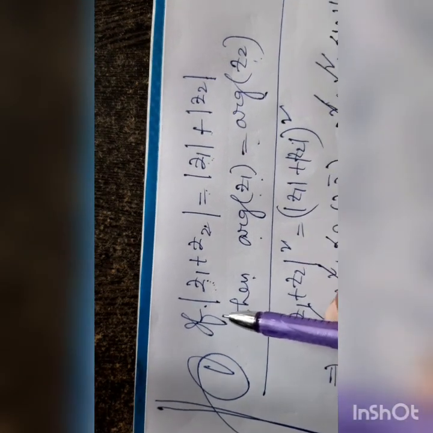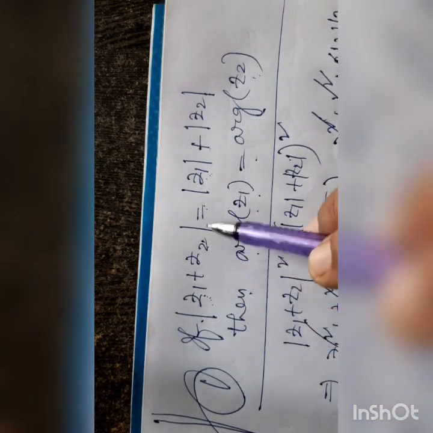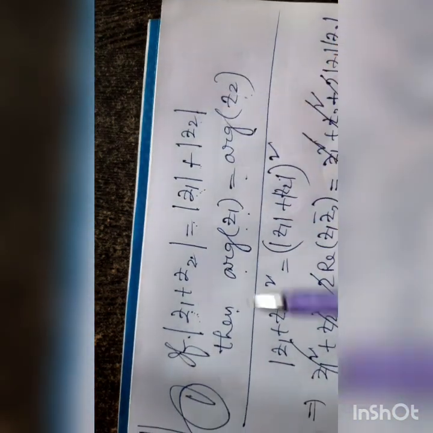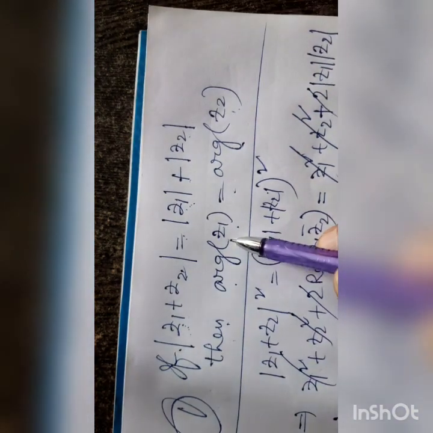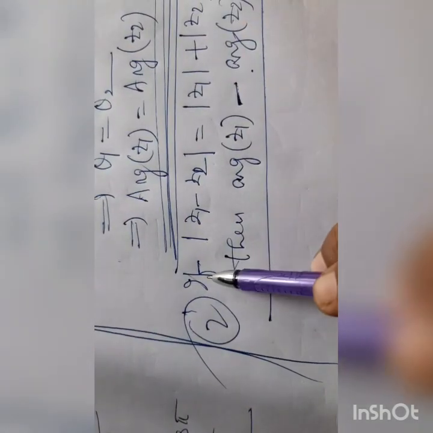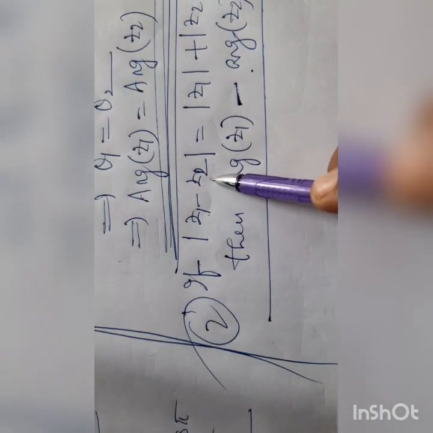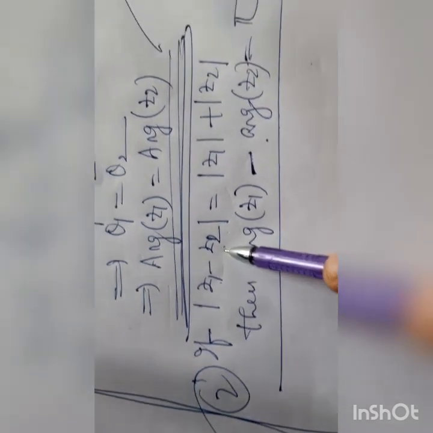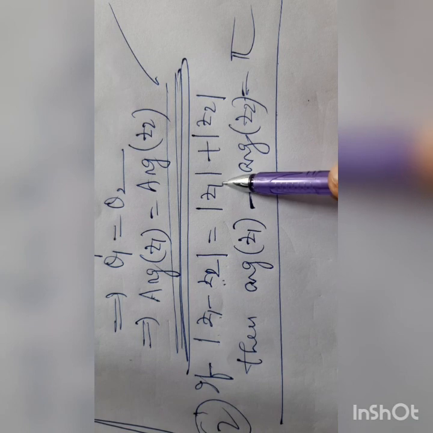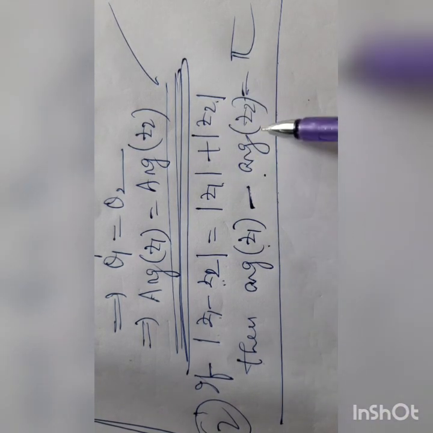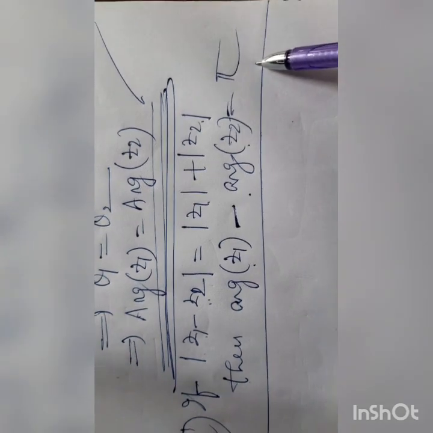Again, I ask you to remember: if modulus Z1 plus Z2 equals modulus Z1 plus modulus Z2, then arg of Z1 equals arg of Z2. This is number 1. Number 2, if Z1 minus Z2 comes, modulus Z1 minus Z2 equals modulus Z1 plus modulus Z2, then arg of Z1 minus arg of Z2 equals pi.